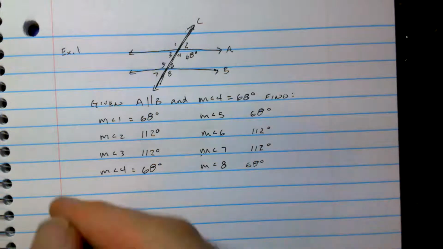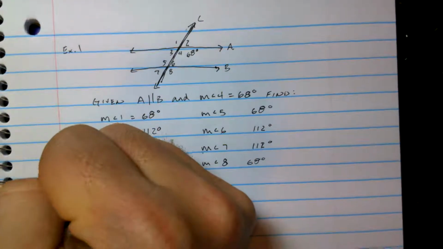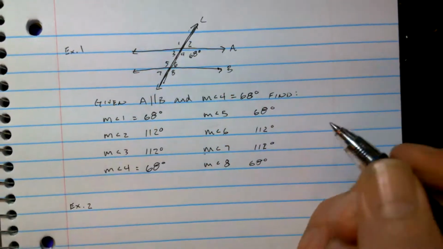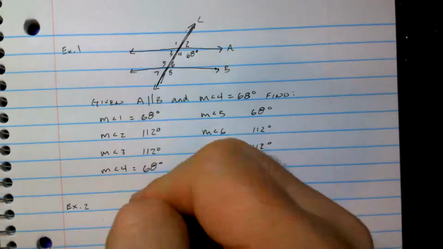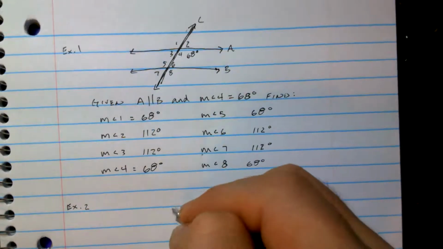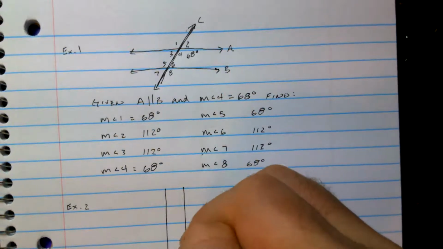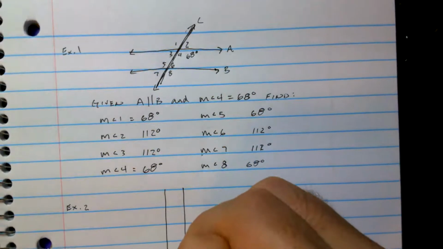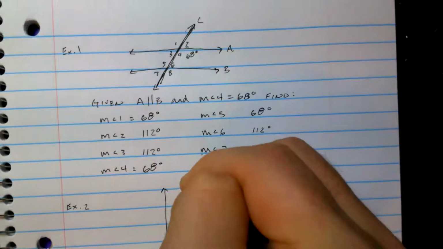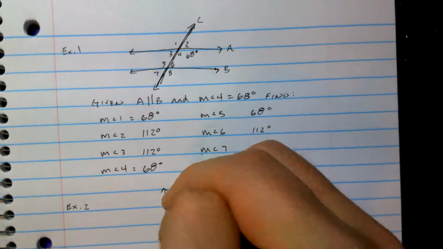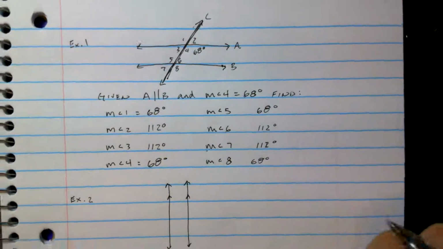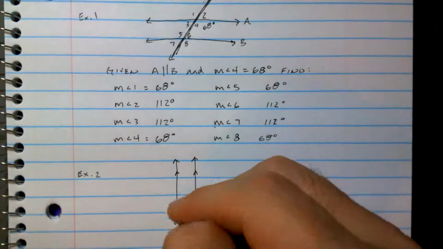Okay, so let's go example 2, and again, same kind of setup. Let's go this way with it, just so that our picture's a little different each time. It doesn't matter, right? We'll draw our little arrows this time. That indicates that they are parallel.